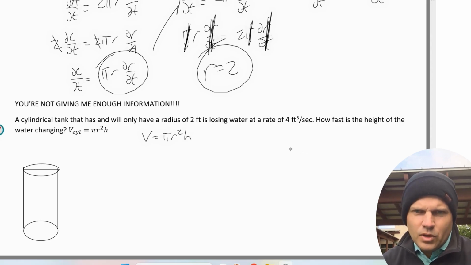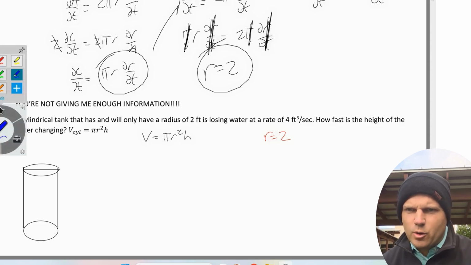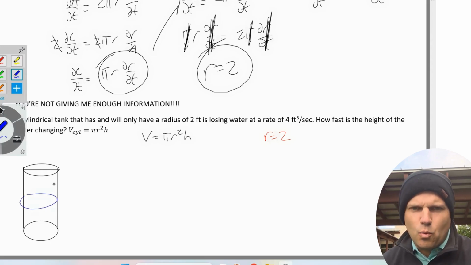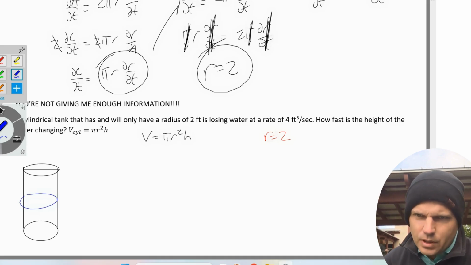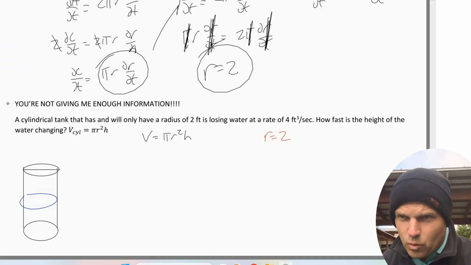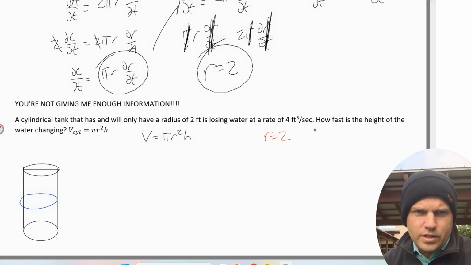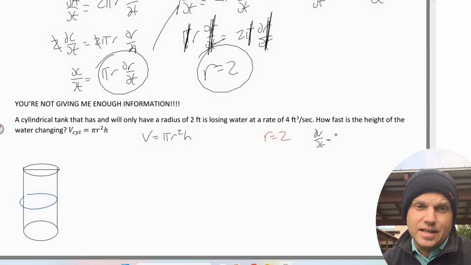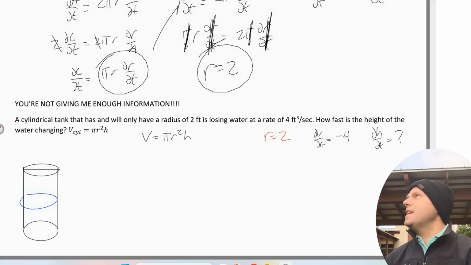Now, the radius is 2 feet. There's water in this tank, and we're going to examine the water in the tank. And we're losing water at a rate of 4 cubic feet per second. So we get that dV/dt is -4. We're asked to find how the height is changing. That's dh/dt.